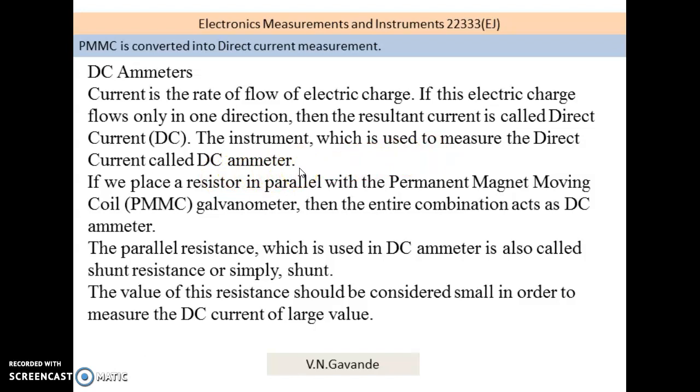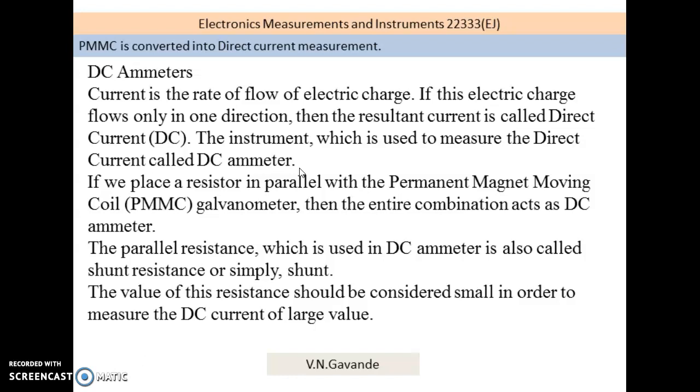And remember in mind, all analog multimeters, all analog voltmeters, all analog meters are basically DC ammeters, or simply current measuring instruments.